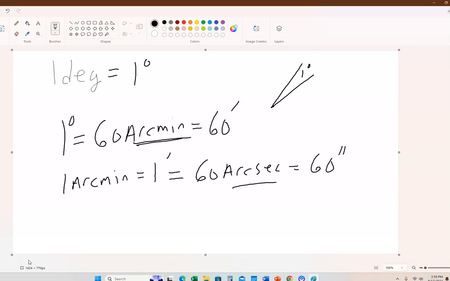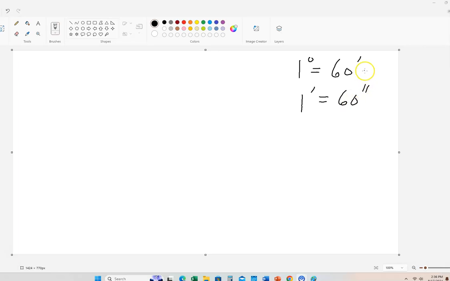So once you know that 1 degree is 60 arc minutes and 1 arc minute is 60 arc seconds, it is really easy to do. All right, so we'll do some conversions. Notice over here I've written the conversions. 1 degree is 60 arc minutes, and 1 arc minute is 60 arc seconds.